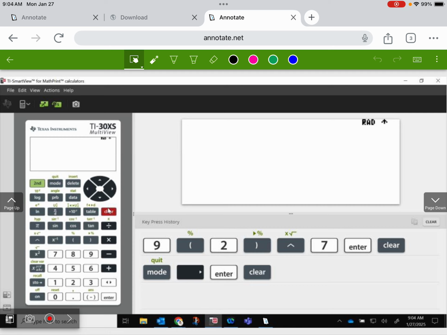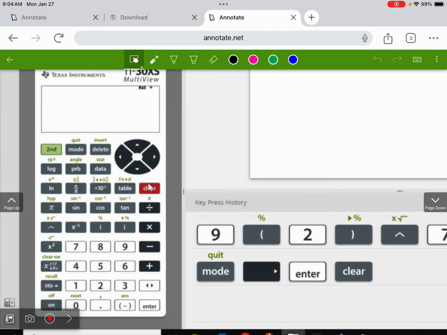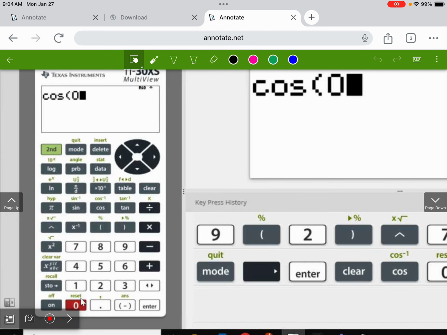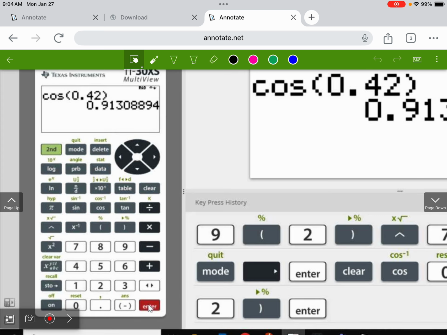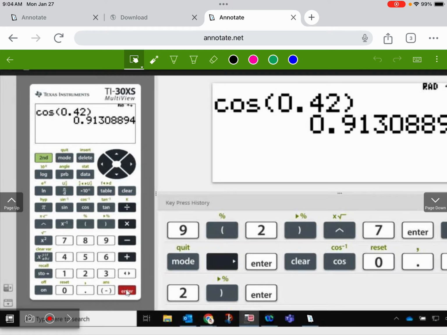You can either hit clear to get out of that, or hit the mode button to get back out of the menu. We need to be in radian mode to do this. So to find the cosine of 0.42, we can type that in, and we get 0.913-ish.